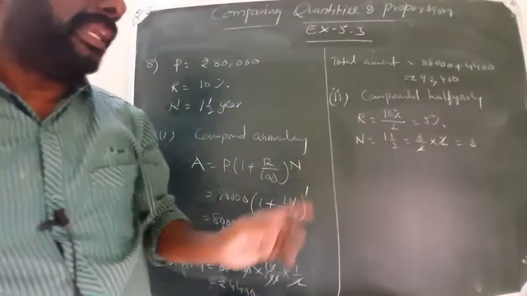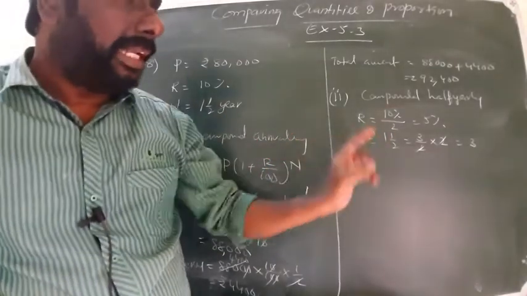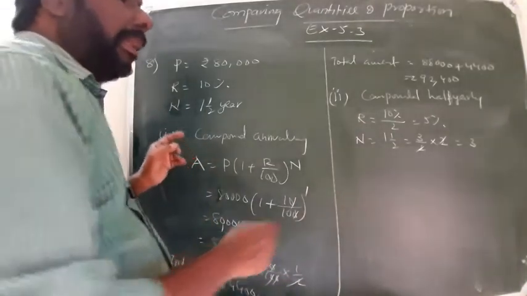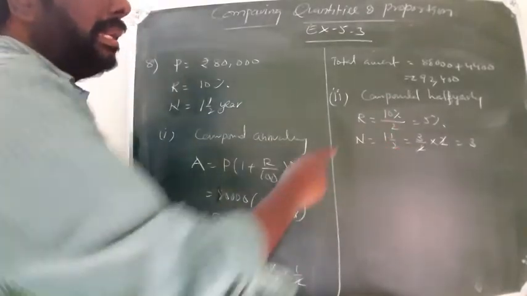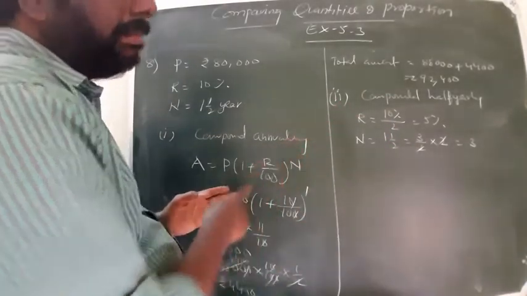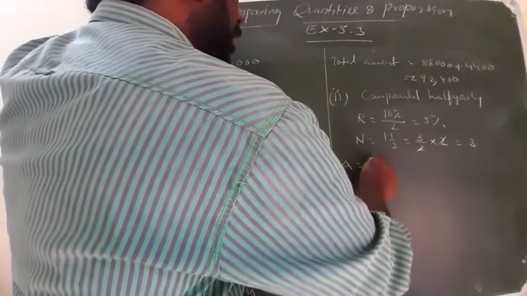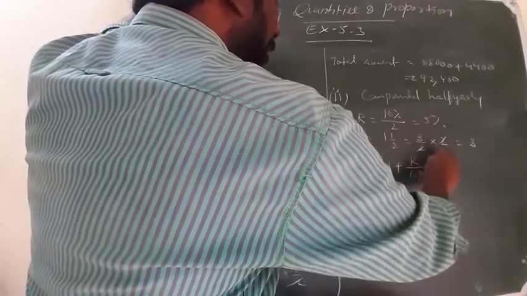So compound half yearly means you have to divide the rate by 2 and multiply the time by 2. Okay. Now you can find the amount. Again write the formula: P into 1 plus R by 100 whole power n.